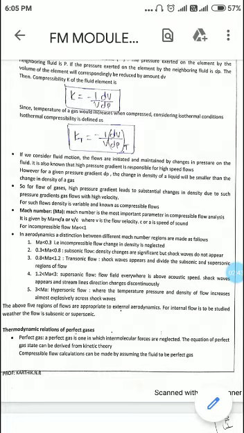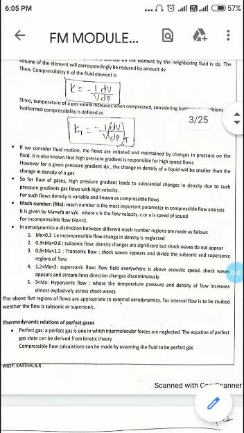If Mach number is between 0.3 and 0.8, the type of flow is called subsonic flow. In this type of flow, density changes are significant, but shock waves do not appear. If Mach number is between 0.8 and 1.2, then the type of flow is called transonic flow.